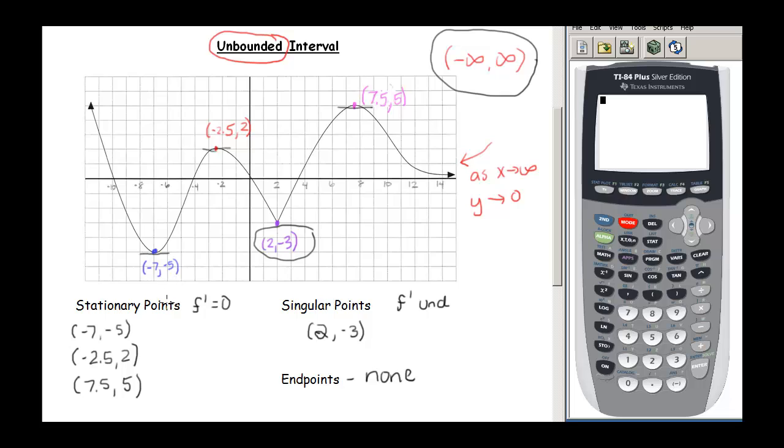Okay, so we've found our stationary points and our singular points. Let's classify these. So let's start with this one. That one looks like it's a low. So we are thinking, okay, that's going to be some sort of minimum.